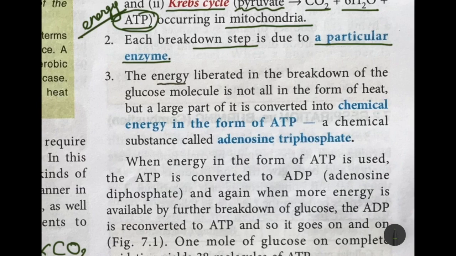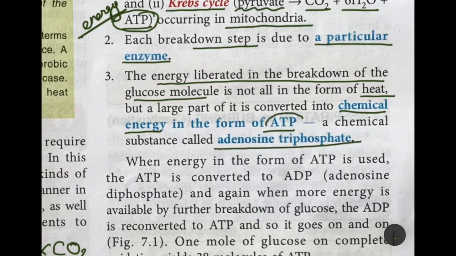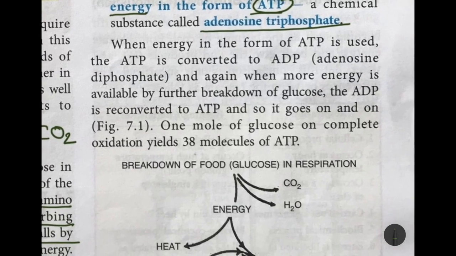And remember children, the energy liberated in the breakdown of the glucose molecule is not all in the form of heat, but a large part of it is turned into chemical energy, as I just now told you, in the form of ATP, known as adenosine triphosphate, abbreviated as ATP. Remember children, in biology, these abbreviations are very important. Sometimes in your question paper, you will be asked to write down the full form of the abbreviation. So if I ask you, write down the full form of ATP, what will you write down? You'll write down adenosine triphosphate.